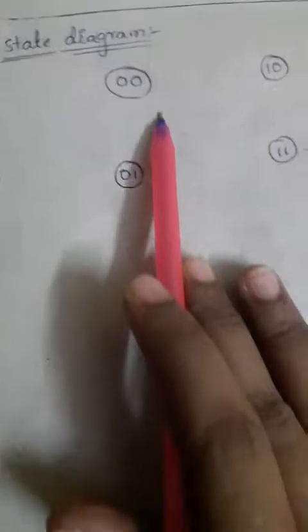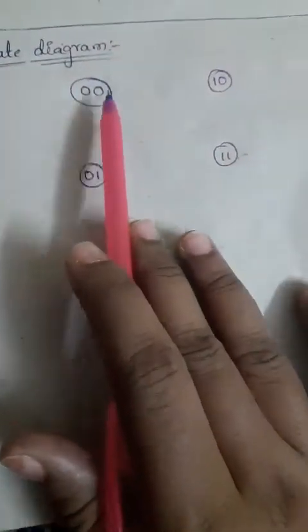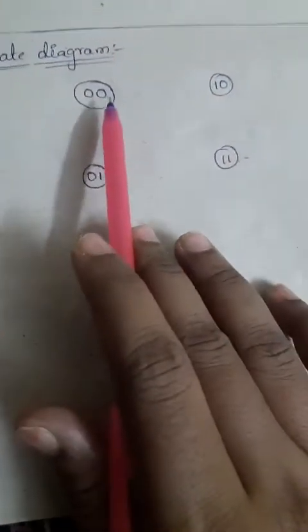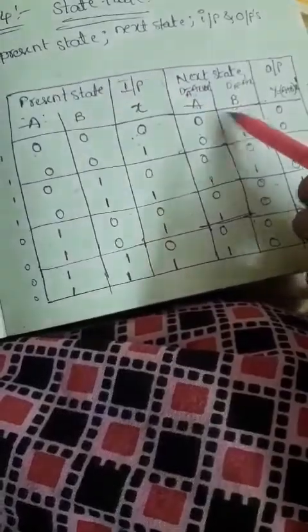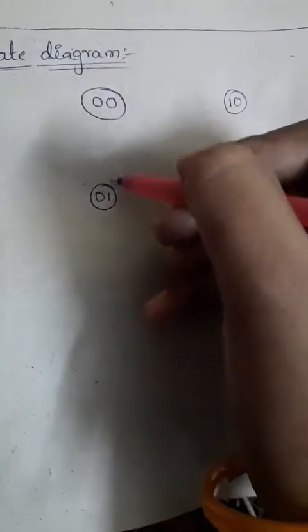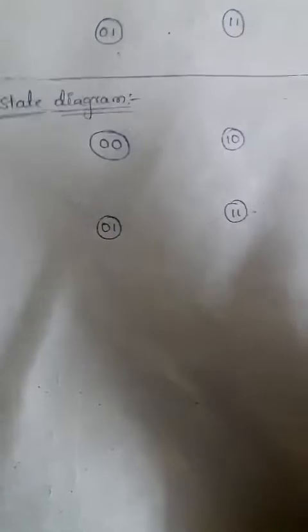After mentioning the states, you can represent the transitions, like from 00 to 10 or 00 to 11, whichever transitions you have in the state table. In between two states, whatever transition you have will be indicated by directed lines connecting the circles. That is the first point.